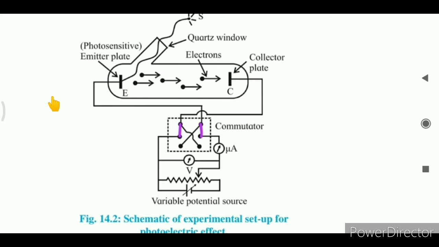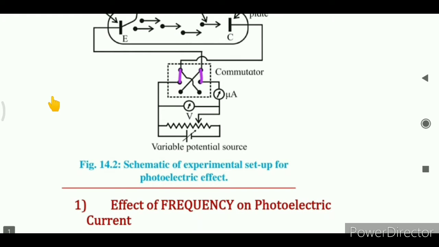The very first observation is the effect of frequency on photoelectric current.